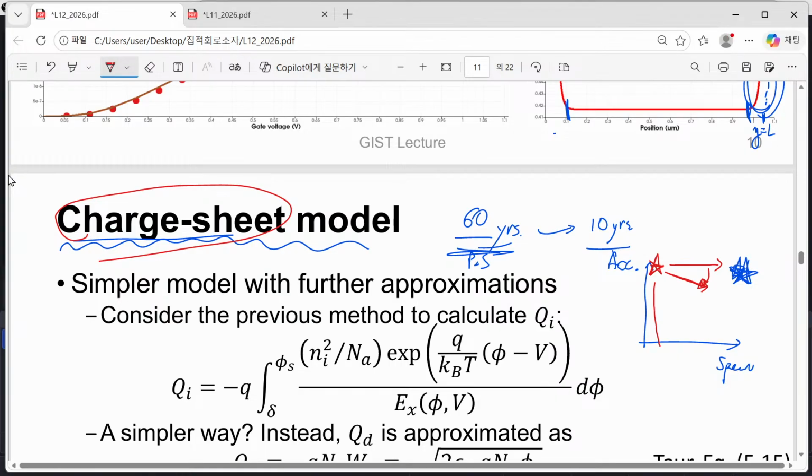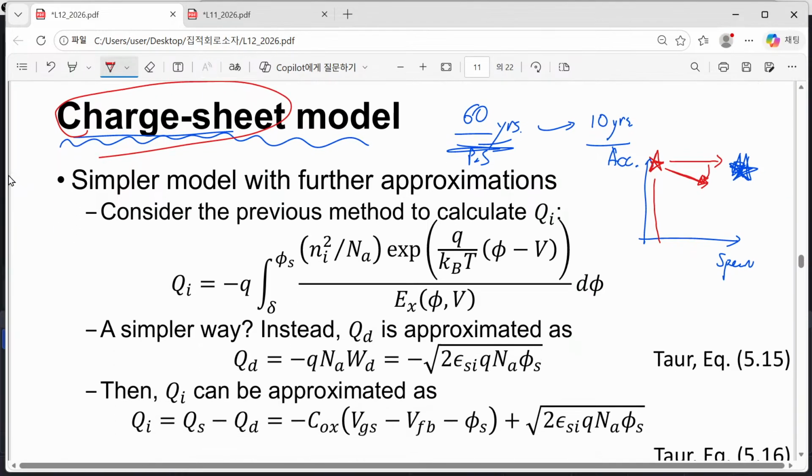But if somebody says that no, this is too inaccurate to be actually used in our circuit design, then that model will be discarded. There is no single rule that determines everything, but it takes some time to really determine which one can survive and which one should be discarded.